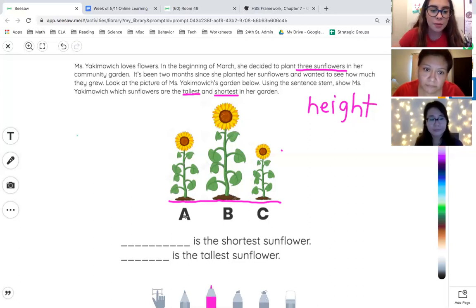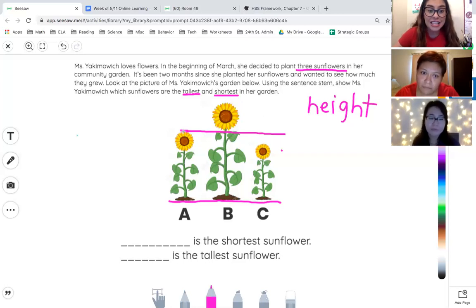So I can look at the top of sunflower A and make a little mark. And from there, I'm going to continue going past all of the other flowers. And what I notice is that the line is above sunflower C. So that kind of tells me something. It tells me that sunflower A is taller than sunflower C. And then I can use a different color to really show the difference in all of the heights, right?